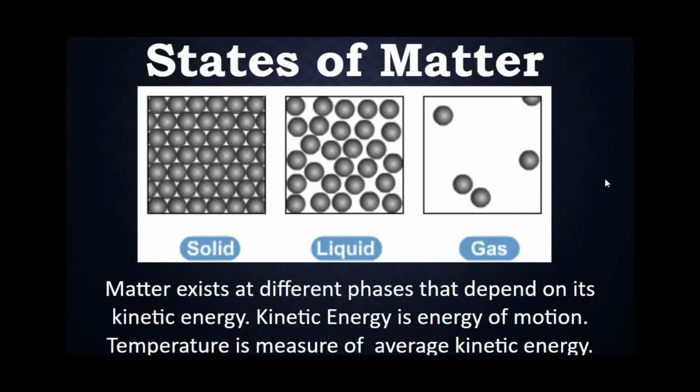So matter exists at different phases that depend on its kinetic energy. And kinetic energy is what we call the energy of motion. Temperature is the measure of the average kinetic energy.